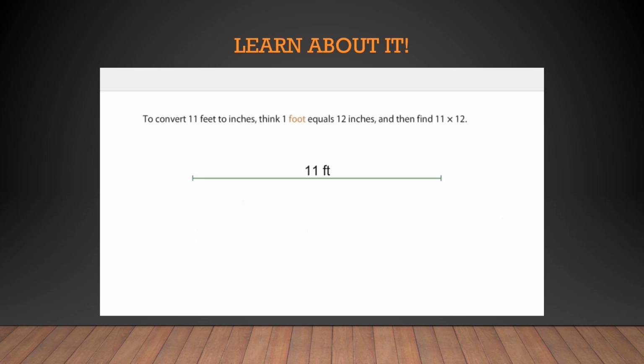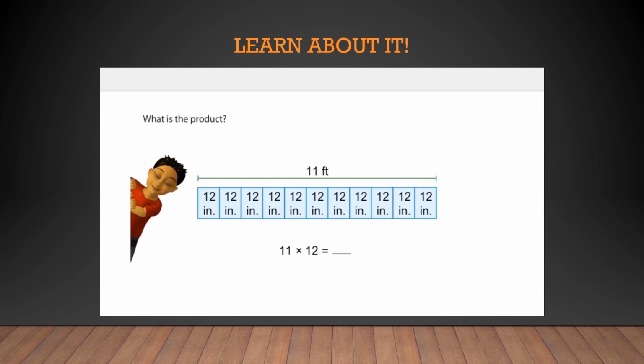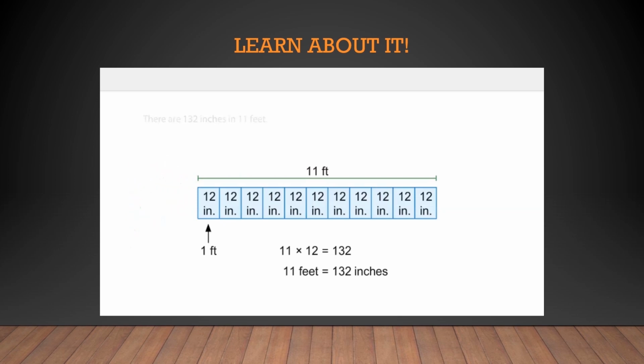To convert 11 feet to inches, think 1 foot equals 12 inches, and then find 11 times 12. What is the product? There are 132 inches in 11 feet. Why did you multiply to find inches? You multiply to find inches because you are converting from larger units to smaller units.